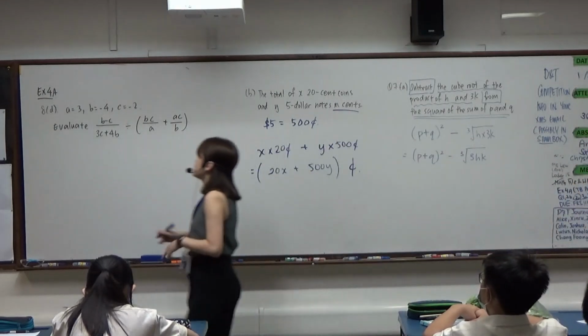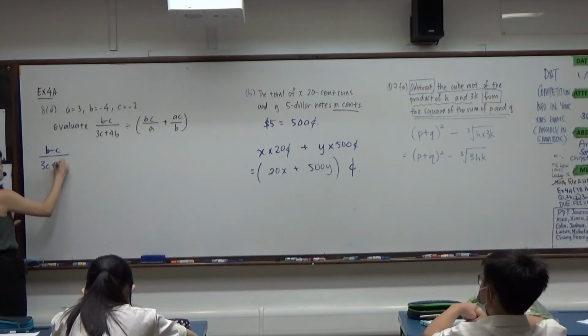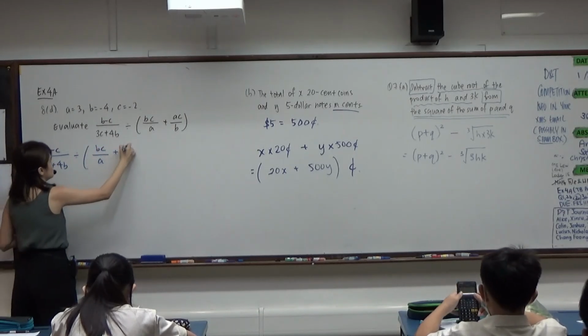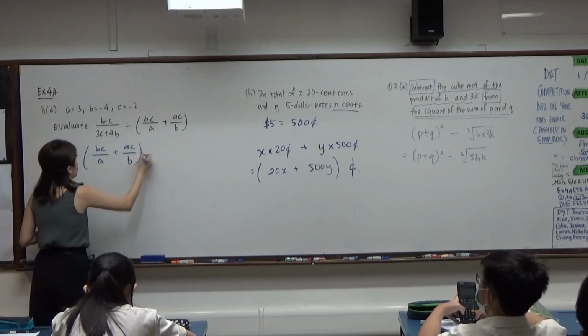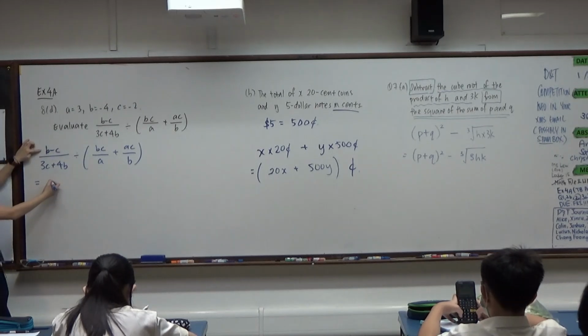Okay, so let's start by writing down what we want to evaluate first. Okay, so for this first fraction over here, okay, Colin, can you give me a try? Alright, what will you put as numbers? Replace B and C. Tell me what to write.